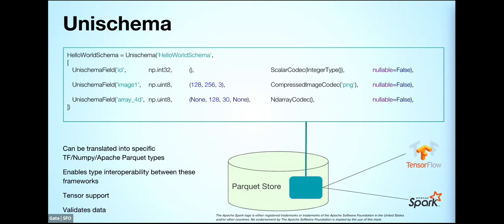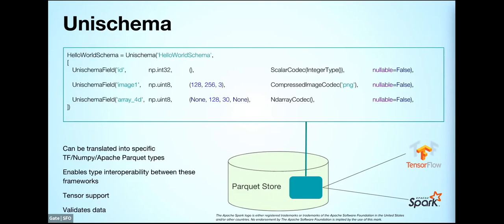Petastorm is higher level. You can also imagine that we could implement a backend based on TF records and have Petastorm on top of it, and it would still add value because of this schema, because it's a higher-level schema that does not exist in TF records.